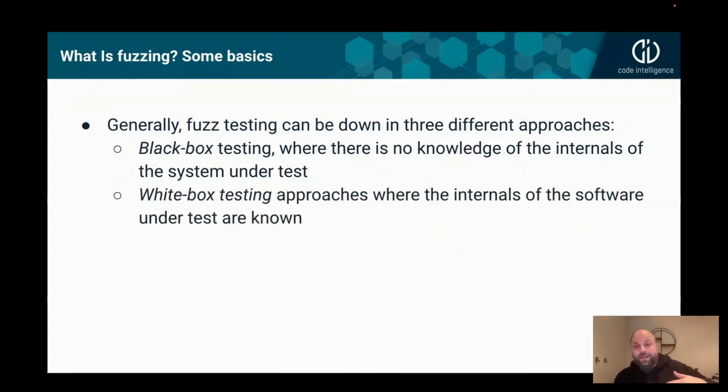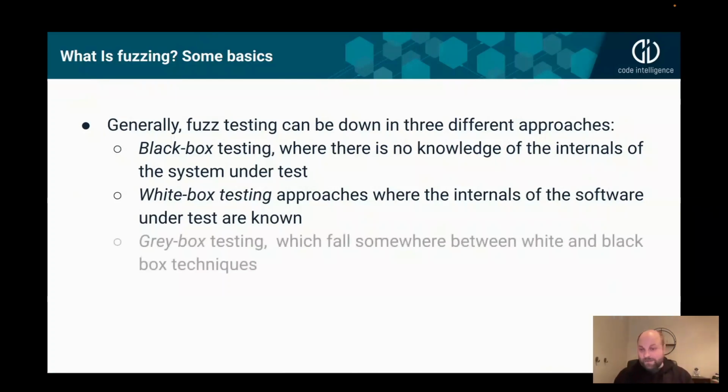In contrast, on the other side, there's white box testing, where you know all of the internals of a piece of software. An example of this is test-driven development, where a developer is writing code. You not only have access to the system, but you're actively working with the software under test, knowing exactly all the internals. You know exactly what the code does, you can modify the code, etc. And then somewhere in between is gray box testing.